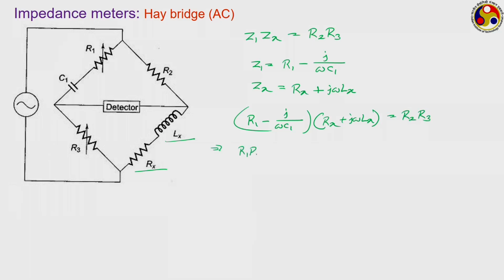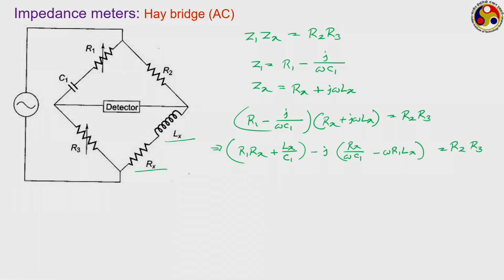So we have R1 Rx plus Lx upon C1, minus j into Rx upon omega C1, minus omega R1 Lx is equal to R2 R3.